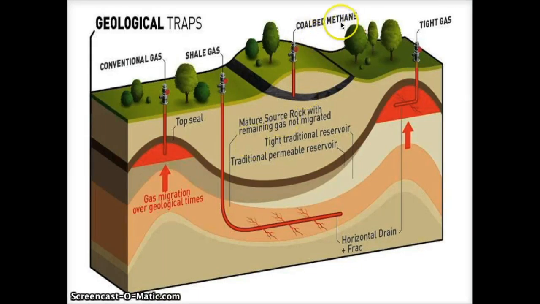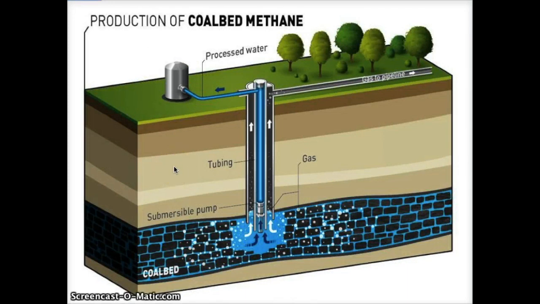And my third type is coal bed methane, and as the name suggests, it's drilling down into a coal bed. It's also sometimes referred to as coal seam gas, and we're going to show you a little picture of how that works. Now there's no oil associated with this, it's only gas, and what happens is the gas itself clings to the surface of the coal, and funnily enough, it is a great storage medium.